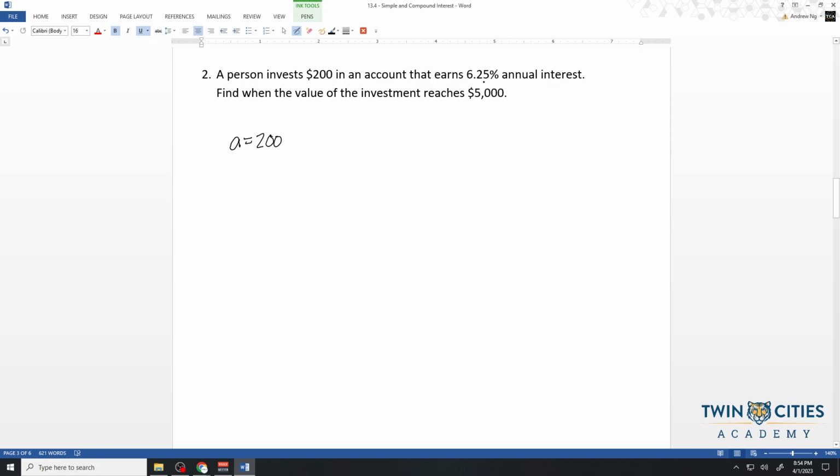R, so that's my rate, is 6.25%. So R is 6.25 divided by 100. This is 0.0625.